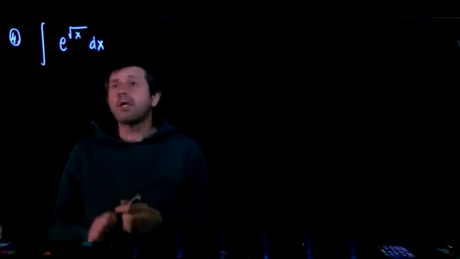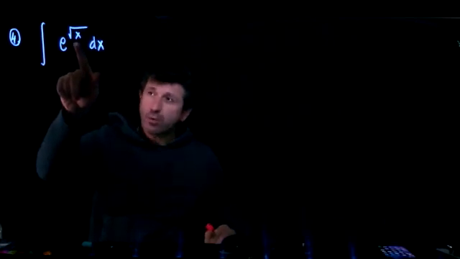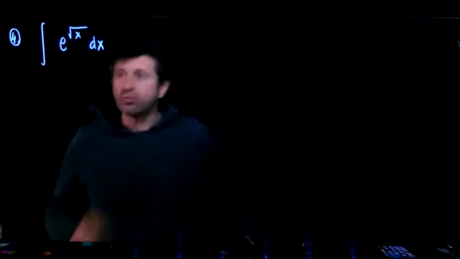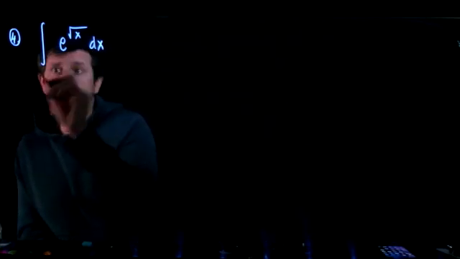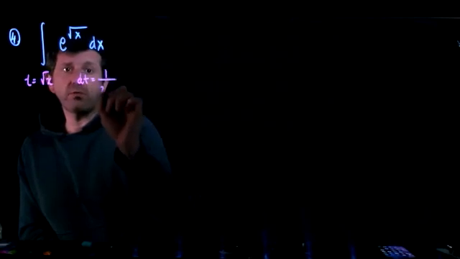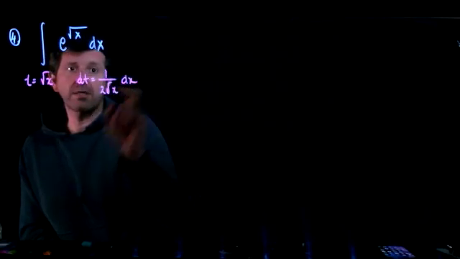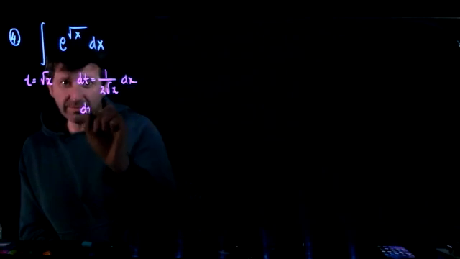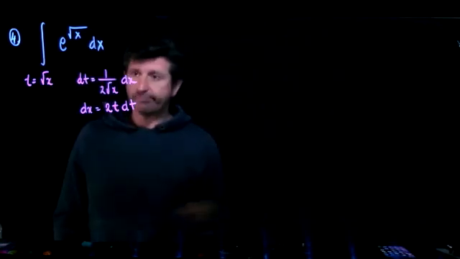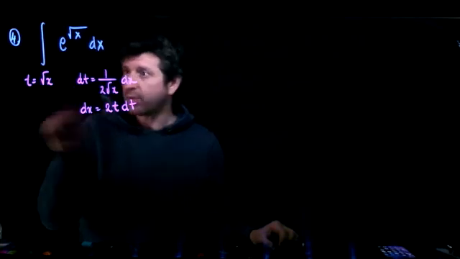First thing we do here, like I told you, when you have a square root inside a function, it's always practical to set it as a substitution t. So t is equal to square root of x, and that would mean that dt is 1 over 2 root x dx. If I isolate dx here, it would be 2 root x dt, but root x is t, so 2t dt.